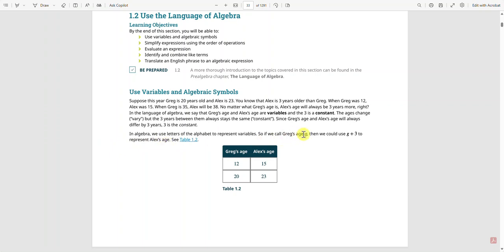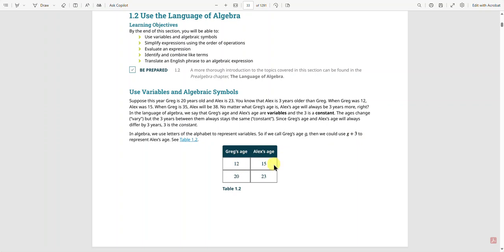Because whatever G is, whatever Greg's age is, Alex's age will always be 3 more than G. So you see how we express that using algebraic language.